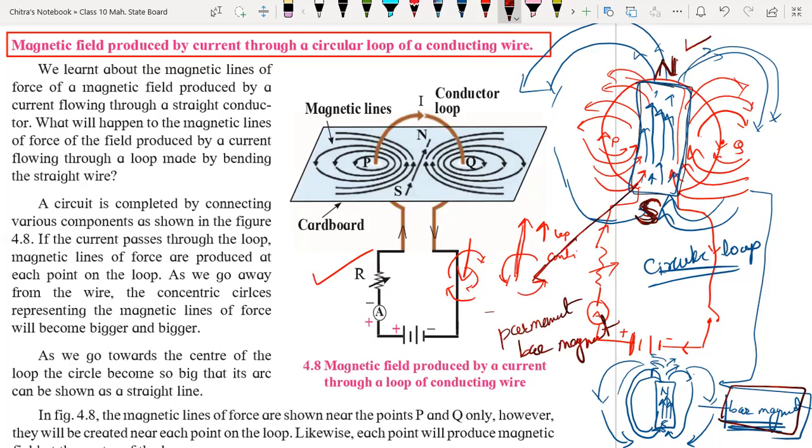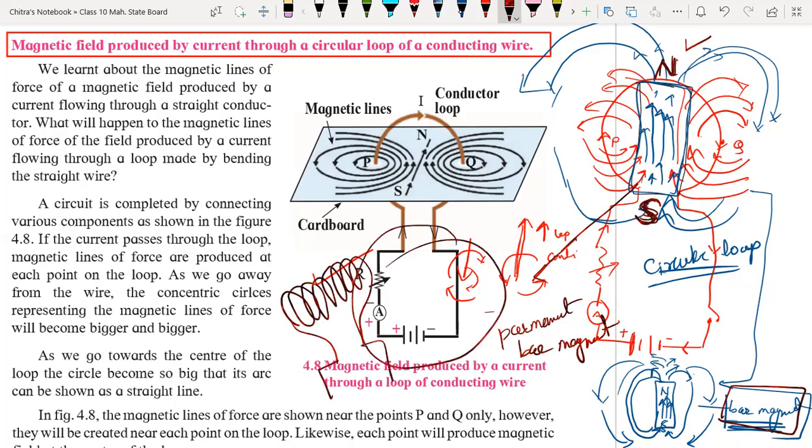How can we say a circular loop is a permanent bar magnet? Suppose here we have only one circular loop. If we have n number of circular loops like this, and we connect them in that arrangement, the magnetic lines of force for all the circular loops will emerge from here and end over here, when the direction of current is in this direction.